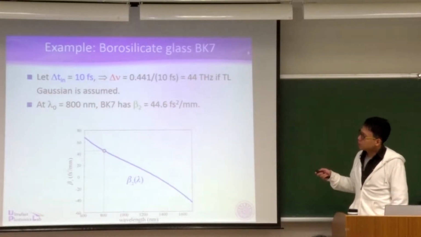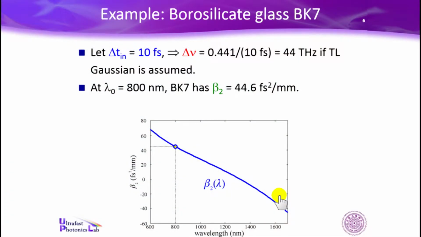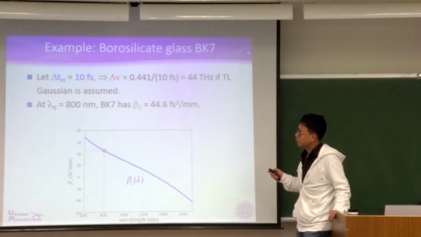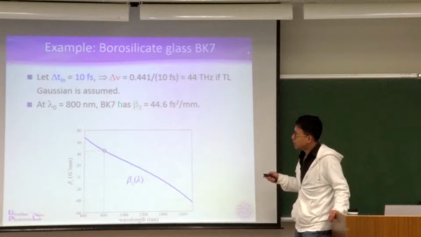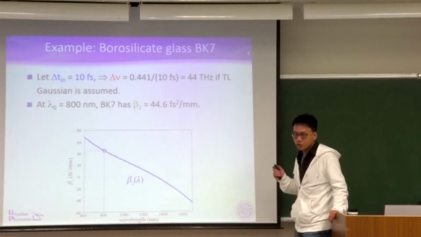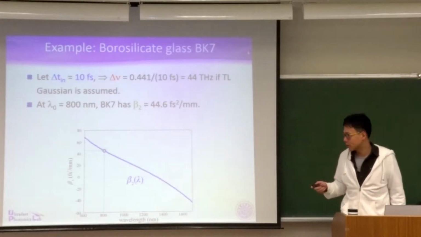And if we assume this laser pulse is centered at 800 nanometers, say from a sapphire laser, and then we send the pulse through a BK7 glass, you can calculate the beta 2 curve, the GVD parameter, as a function of wavelengths.